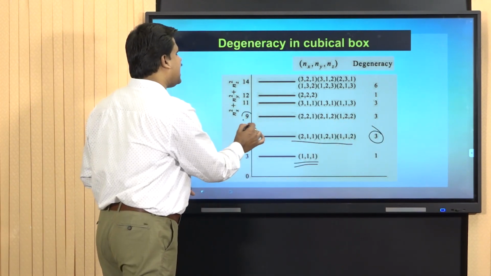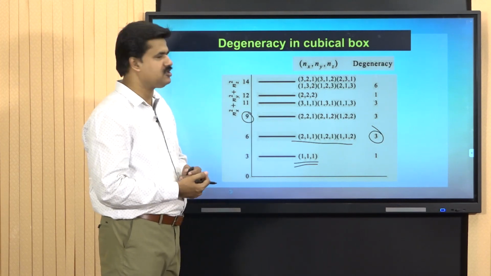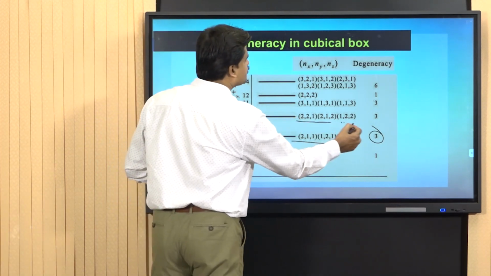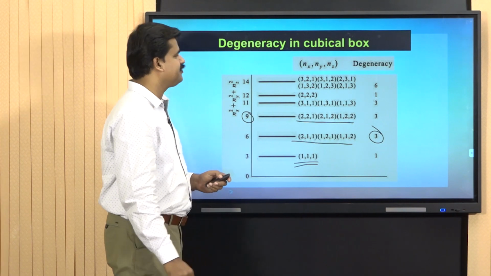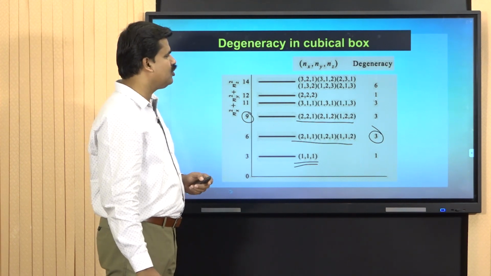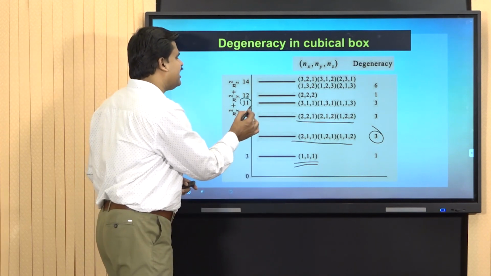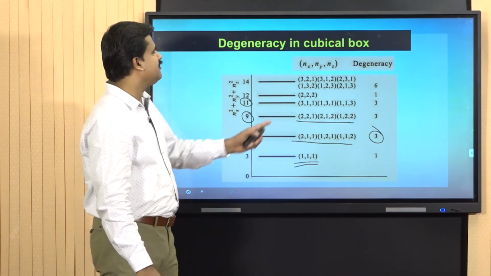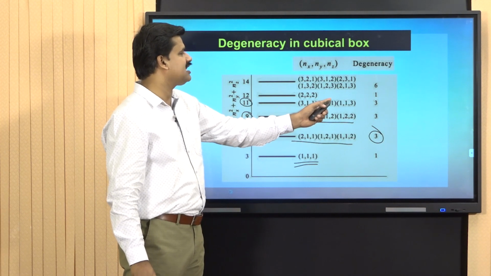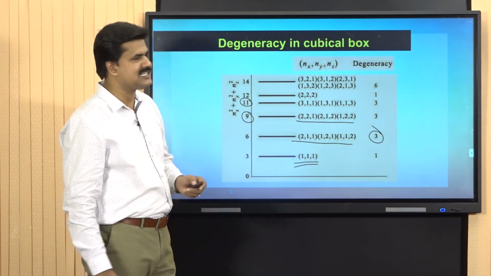Now consider another level, 9h square divided by 8ma square. These are the three possible arrangements for the quantum numbers: 2, 2, 1; 2, 1, 2; 1, 2, 2. Here also the degeneracy is 3. And for the level 11h square divided by 8ma square, we can prove that 3, 1, 1; 1, 3, 1; 1, 1, 3 are the three possible arrangements.